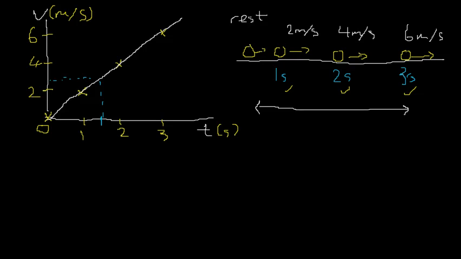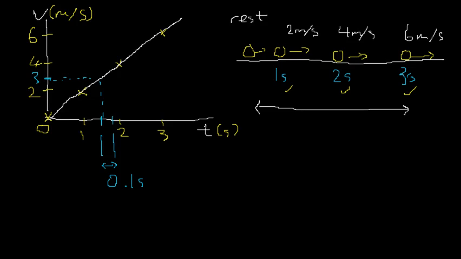Now let me think about what happens after a short time interval. After a very short time interval, I'll make an example, let me say 0.1 second. Let's say at this time the velocity here is 3 meters per second.